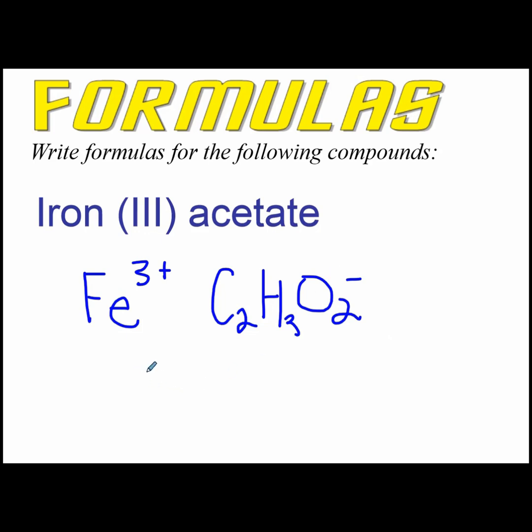So you can probably see that we're going to need 3 acetates. So again, we're going to have to use the parentheses. So the formula would be Fe, parentheses, C2H3O2, and then we would need 3 of them.